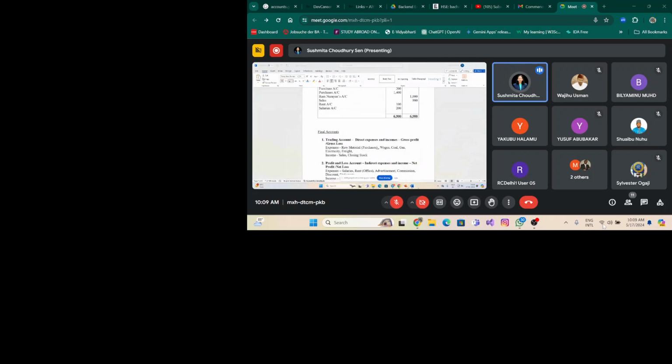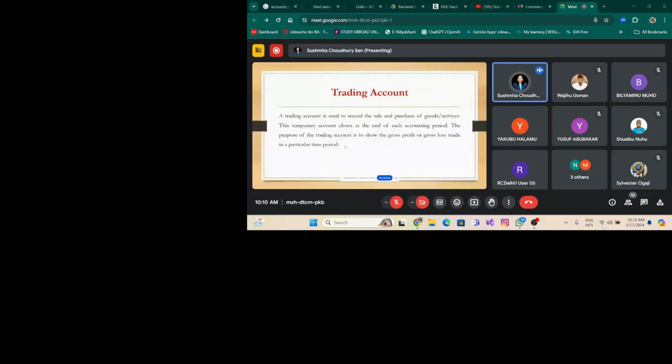I would like to refer here to the PPT. So this is the PPT related to finance final accounts. The first part is the trading account. So after trial balance, the first thing that you are going to prepare is the trading account. Trading account means all the transactions which are direct in nature.